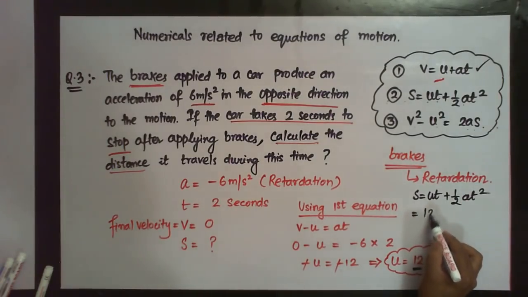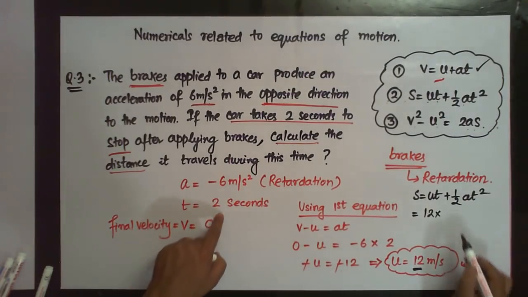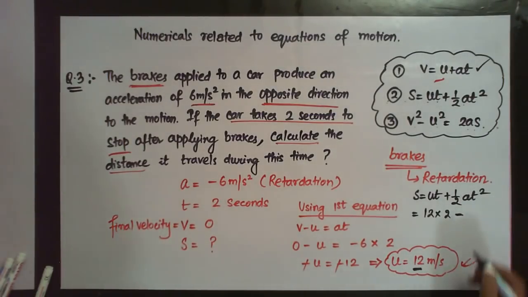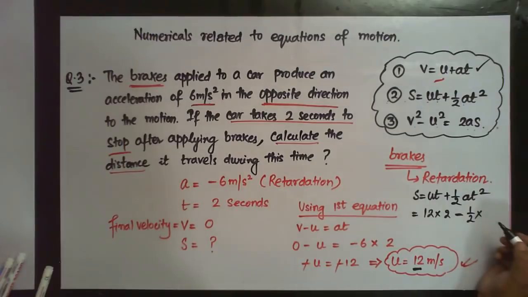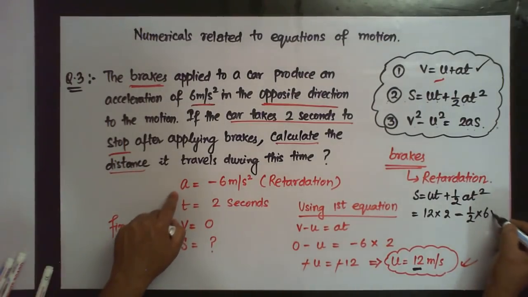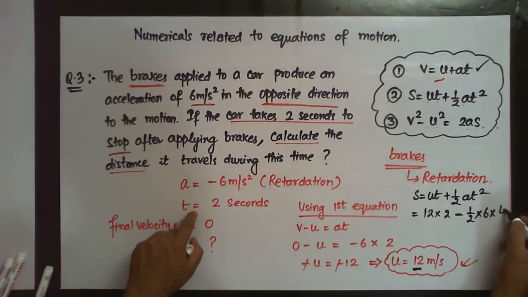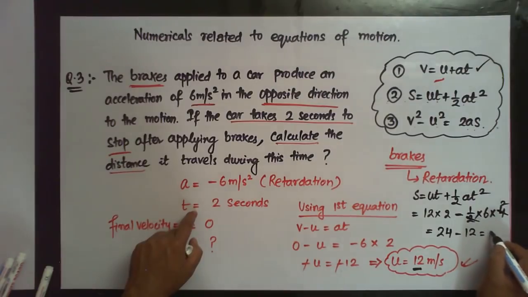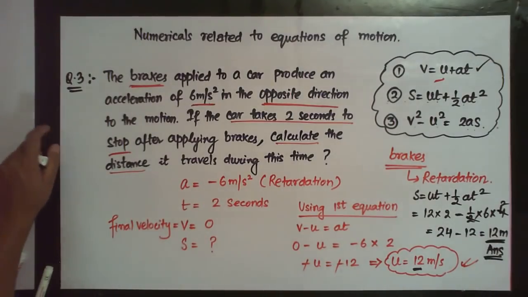So 12 into the time t, which is 2, minus, because acceleration is minus here, half a, which is 6, into t square, which is 4. So we get 24 minus 12. So we get 12 meters as the distance traveled, and this is the answer to this question number 3.